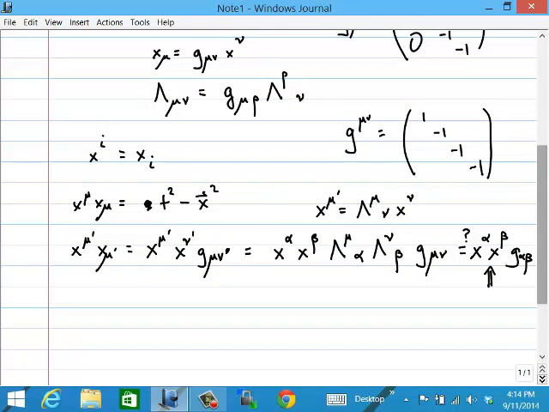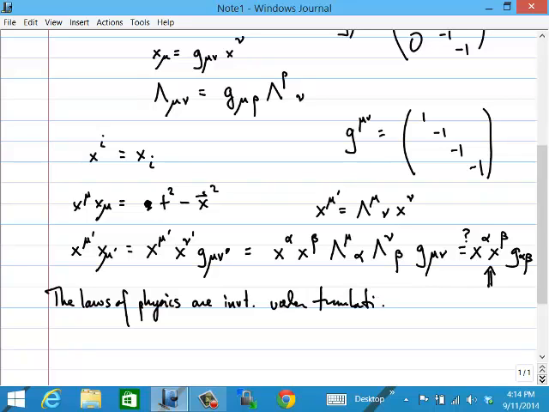So why is special relativity useful? Why is this language useful? The point is that the laws of physics, as far as we understand them, are invariant under translations and Lorentz transformations.